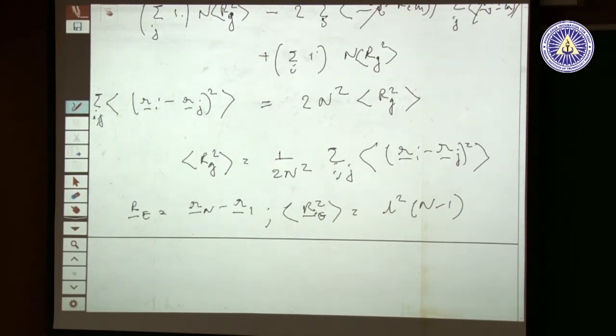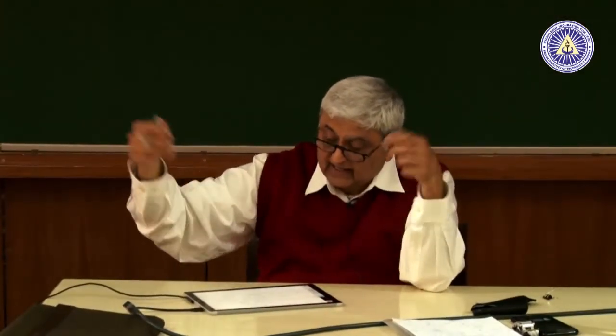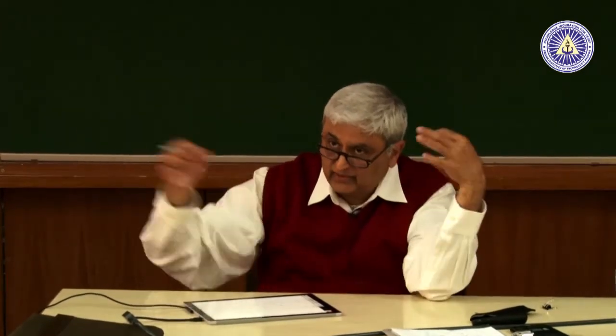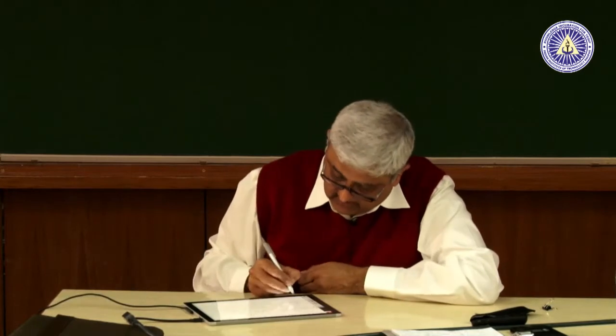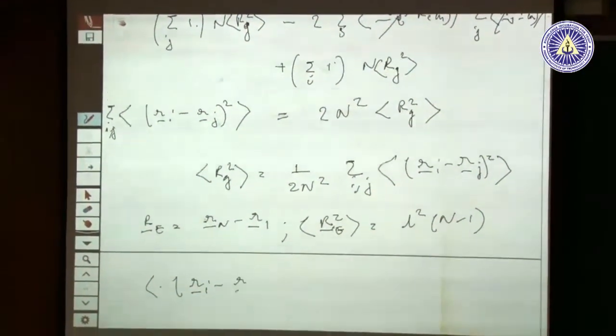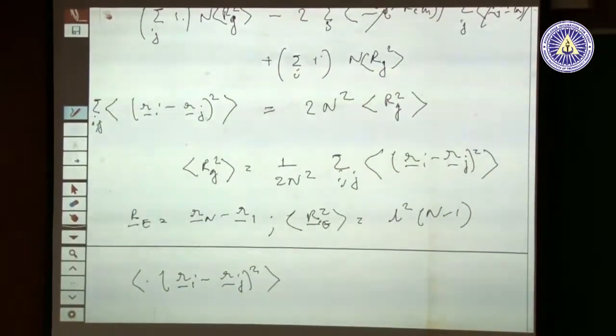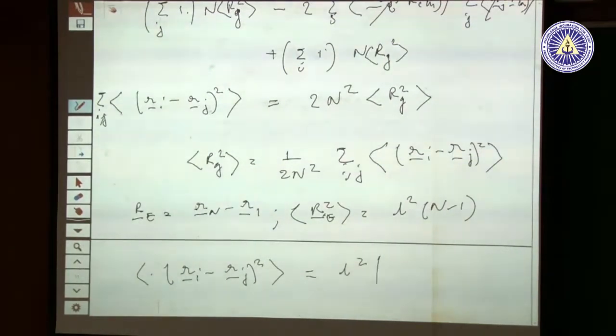So, it is a freely jointed chain between i and j, and you want to know what is the connector vector between i and j, what is its average value. That is really just Re squared, not between n and 1, but between i and j, right. So, in other words, I could write Ri minus Rj the whole squared is nothing but L squared times the modulus of i minus j, depending on whichever is larger.